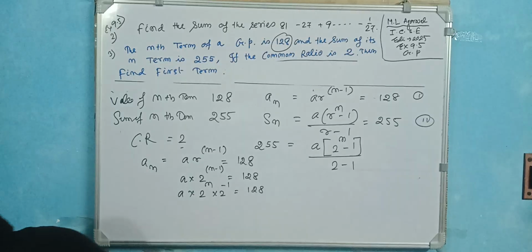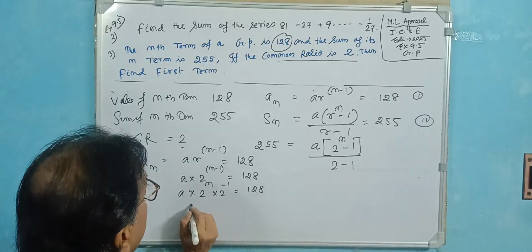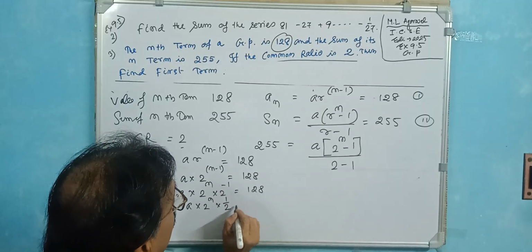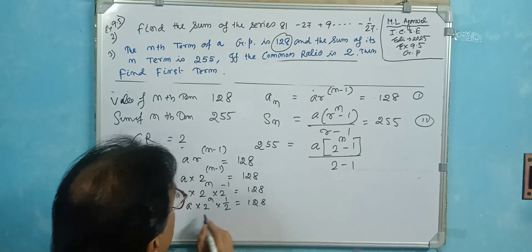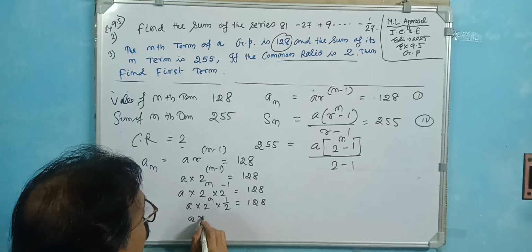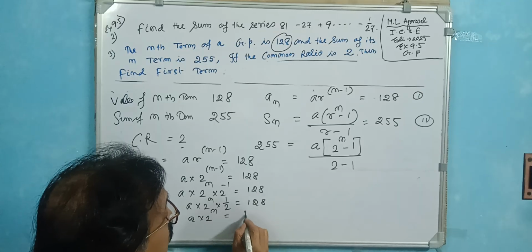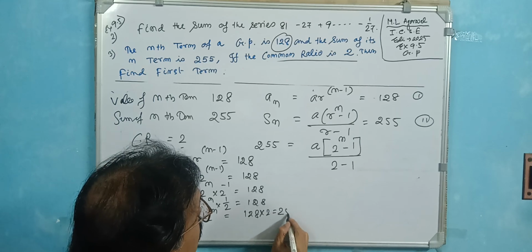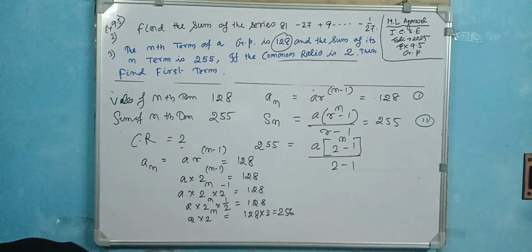So here a into 2 to the power n into this is actually half. This is 128. So a into 2 to the power n is equal to 128 into 2, that is 256.